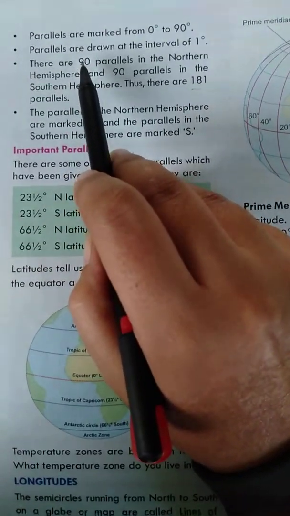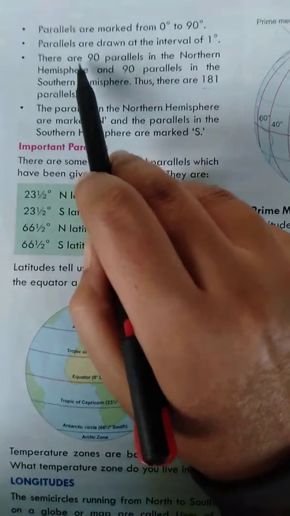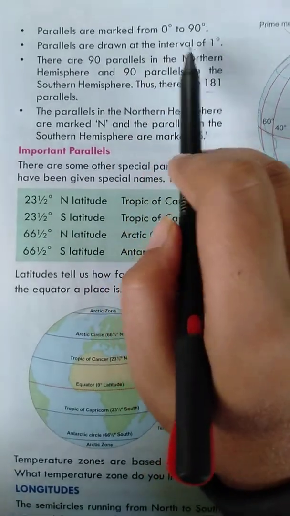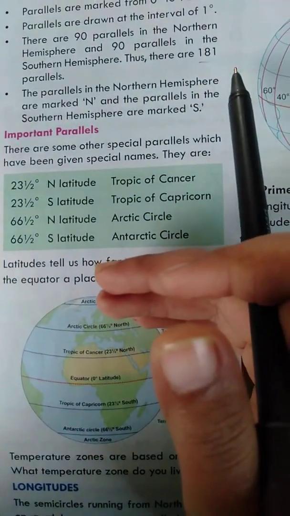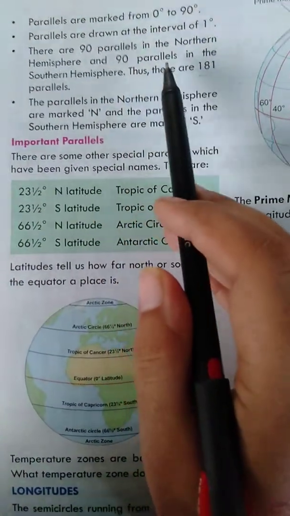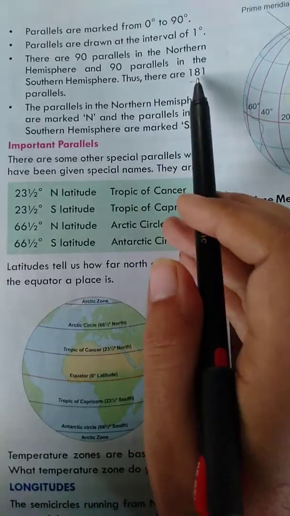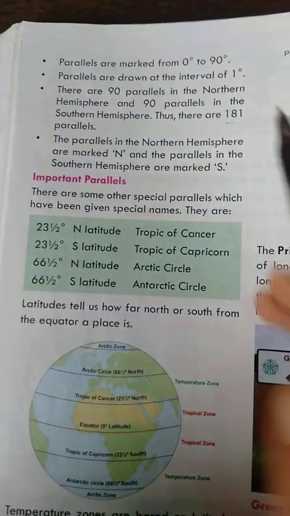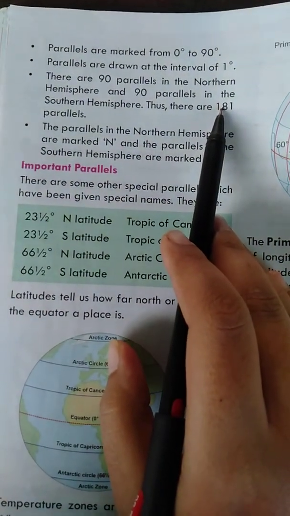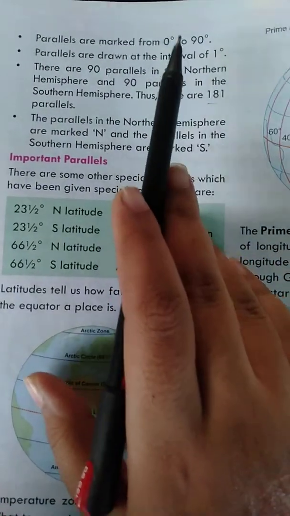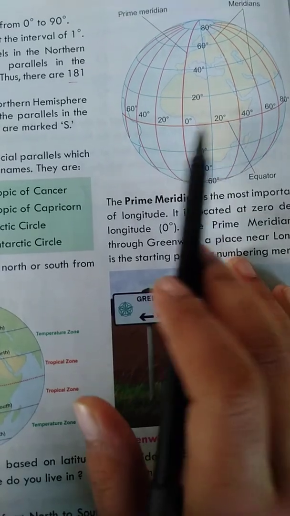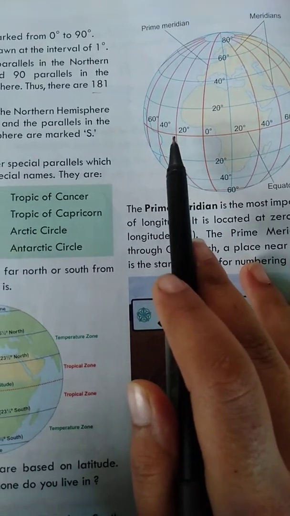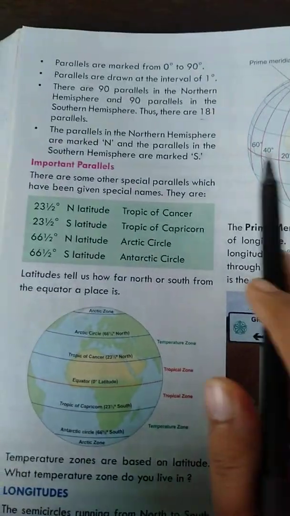So, how many parallels will be there from 0 to 90? There will be 90 parallels in the northern hemisphere and 90 parallels in the southern hemisphere. So, in total, how many parallels are there? In total, there are 181 parallels: 90 in the northern hemisphere, 90 in the southern hemisphere, and 1 is equator.